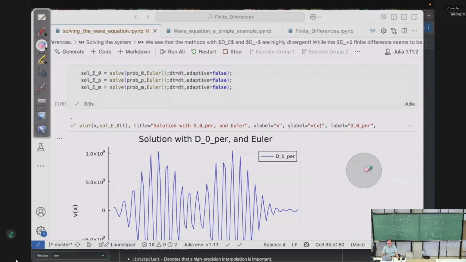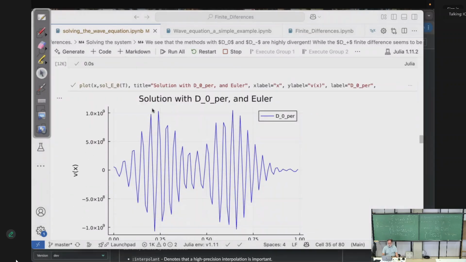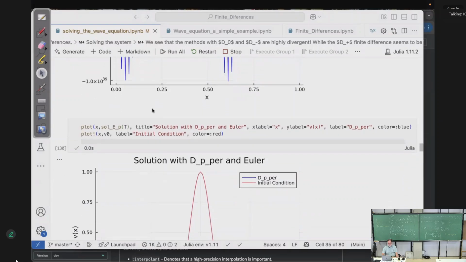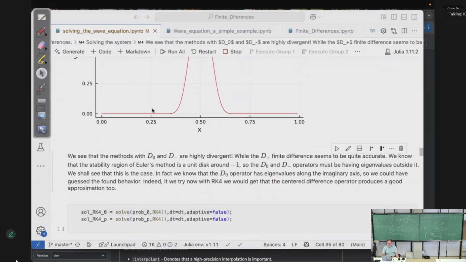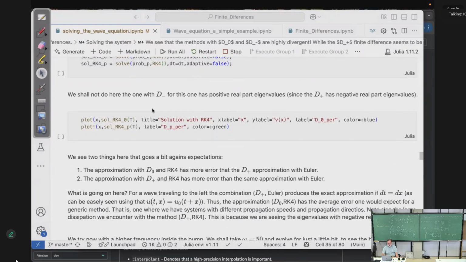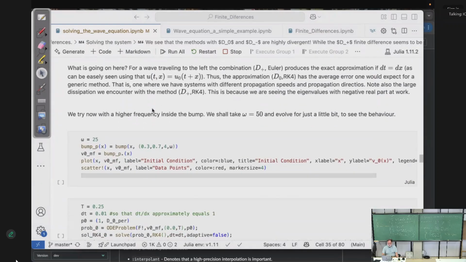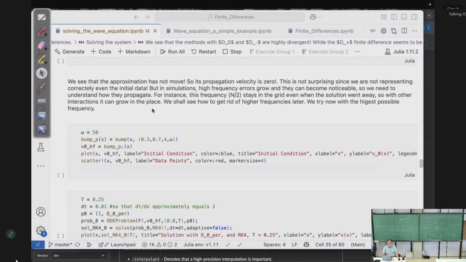Well, this is because we are solving a very simple problem, and in this problem you can see that the Euler method produced, I don't know whether I put it here, let me check.